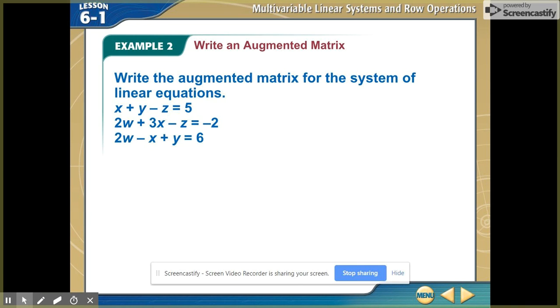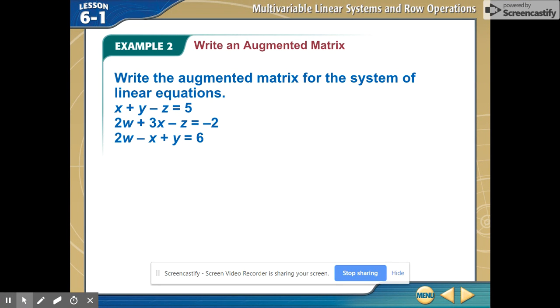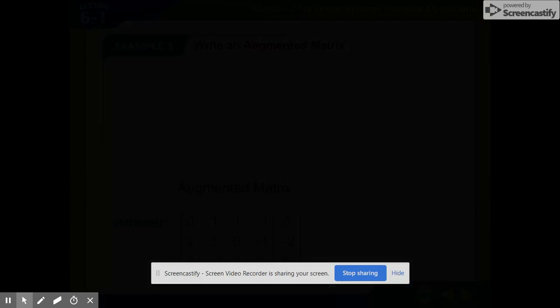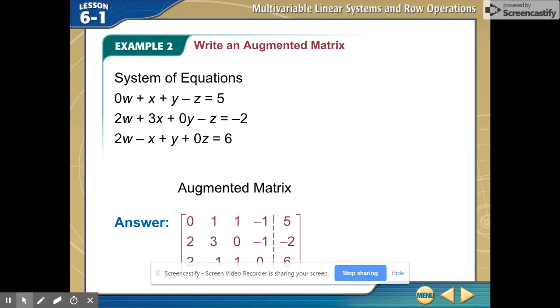And so just like we did with synthetic division where I put in placeholders, we're going to want to drop in placeholders and talk about, well, that's a 0w plus 1x plus 1y minus 1z. And those numbers, 0, 1, 1, and negative 1, are going to become part of our matrix. So when we do this, and we look at our actual augmented matrix, what we're going to see is right here.